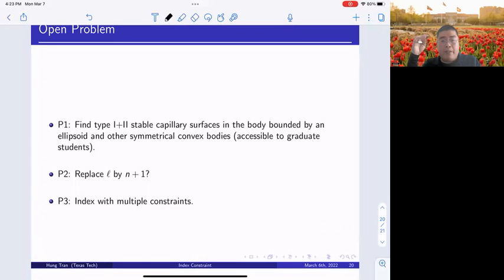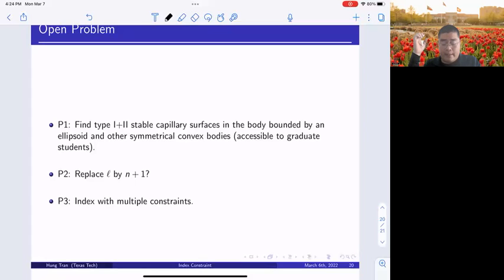It is expected that because of the rotational symmetry of the convex body, many of the PDE considerations can be reduced to some ODE considerations, and that's why it is possible to characterize the stable case for this situation. And ODE is certainly a subject suitable for graduate students. So this problem is very accessible to graduate students.